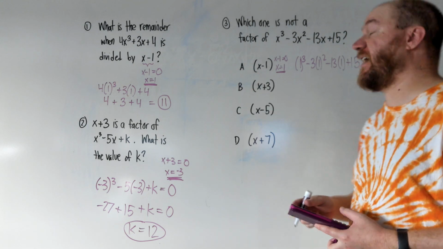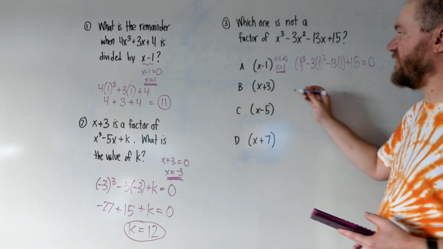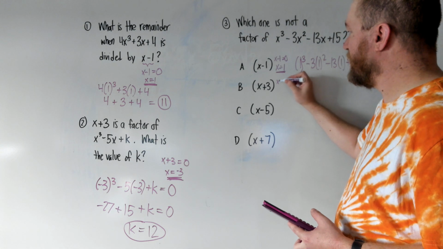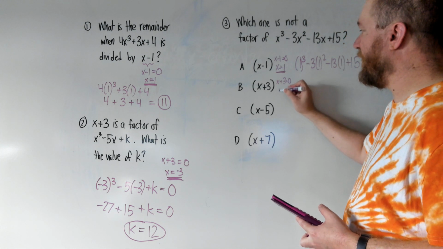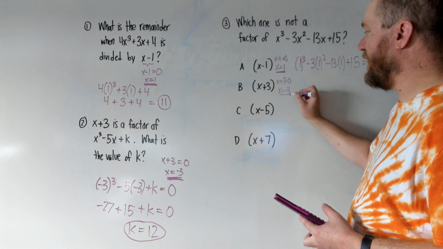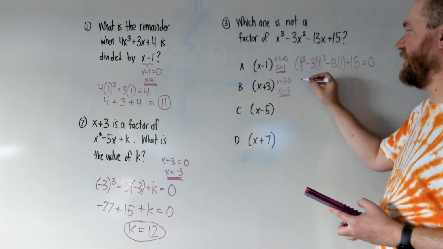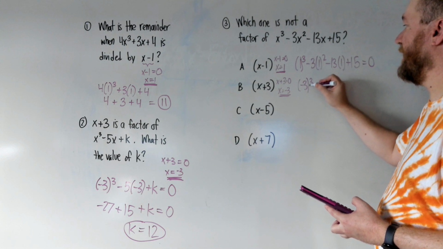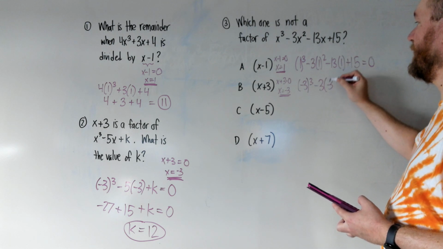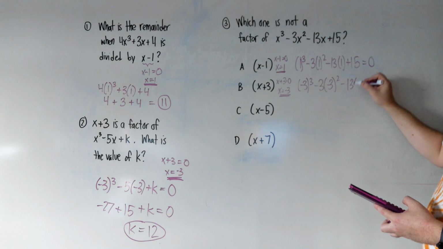We want the one that's not a factor. So let's do this one. x plus 3 equals 0, so x equals negative 3. If we change all of the x's in this problem to negative 3, we get that big expression.